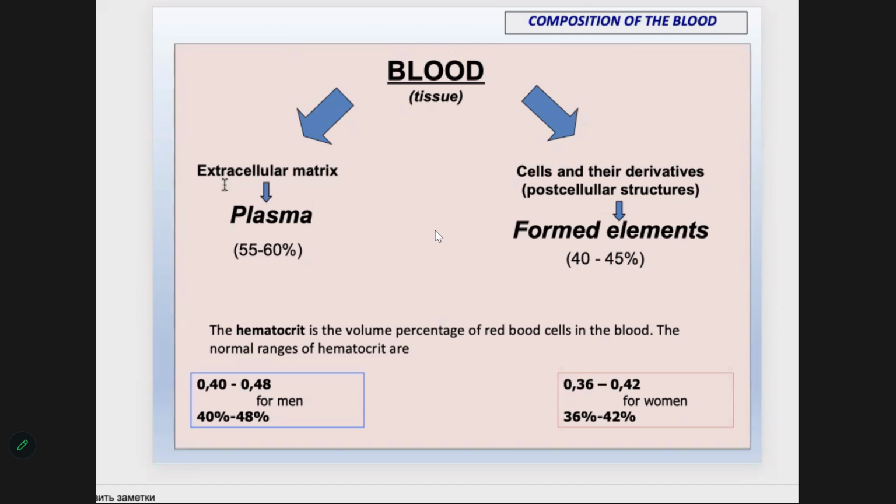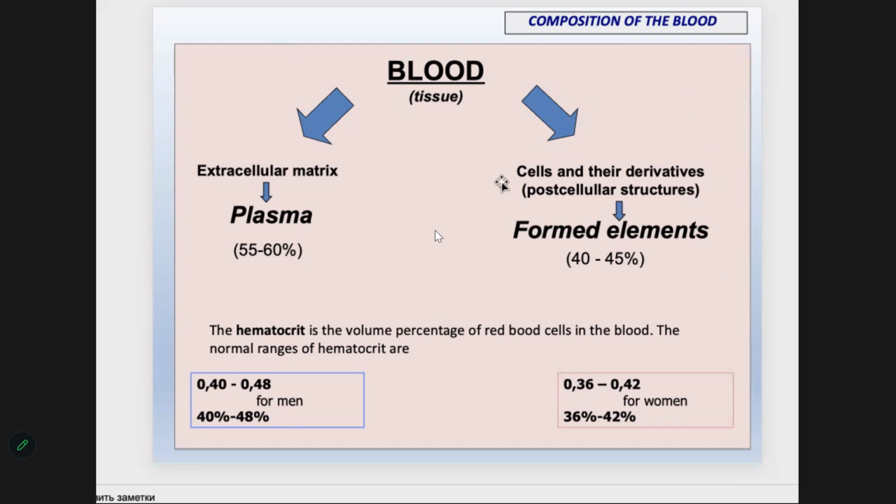Blood is represented by two main parts. The first part is named plasma. Plasma is a modified extracellular matrix, extracellular substance, and it makes up from 55 to 60% of the whole volume of blood.